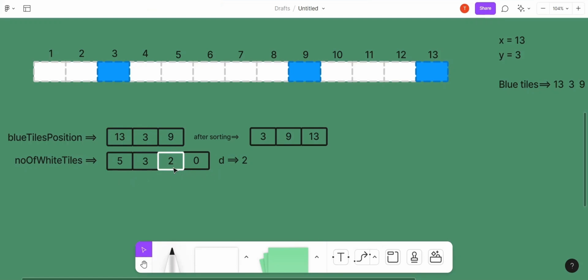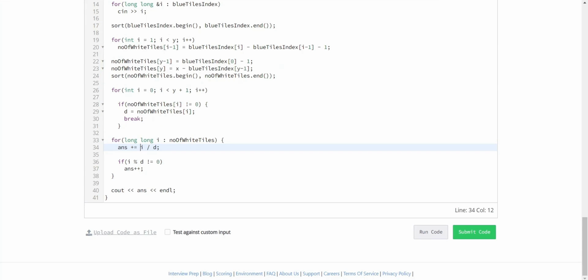Initially we have 2, so 2 divided by 2 is 1. In this case we have 5 divided by 2, that is 2, and 1 as a remainder, so we increment 2 by 1 to get 3. So 1 plus 3 plus 2, that is 6. So that's why we have the answer 6 for this particular test case.